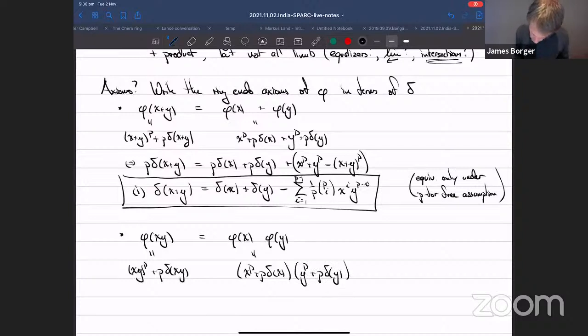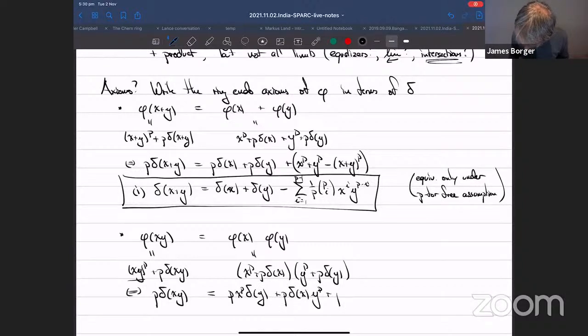And then if you multiply it out, you get p delta of xy is equal to, so this is logical equivalence, this will cancel. So what do we get? We get p x to the p delta of y plus p delta of x y to the p plus p squared delta of x delta of y.